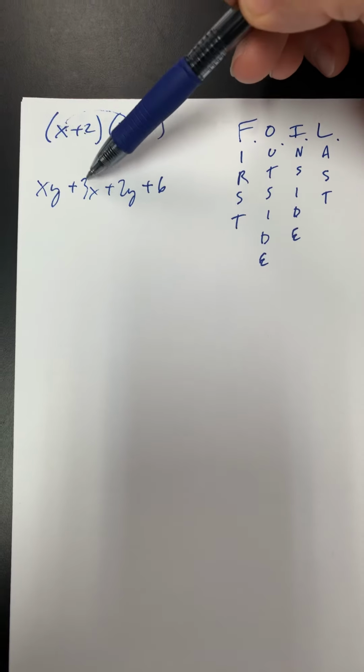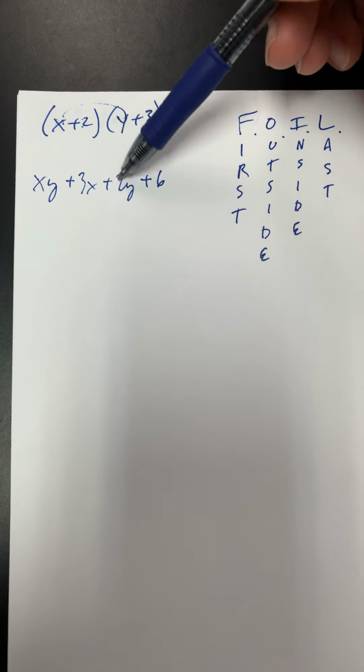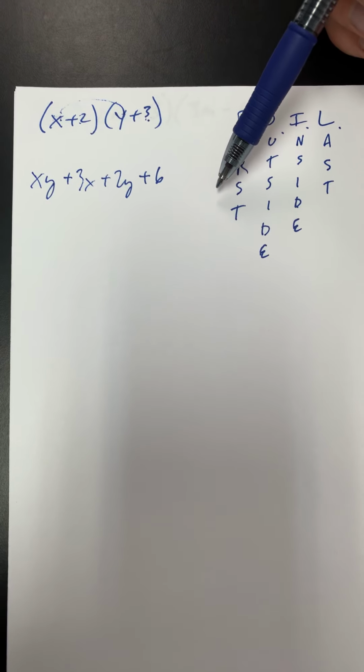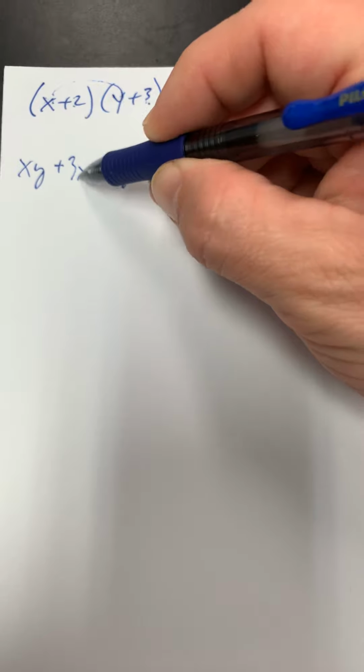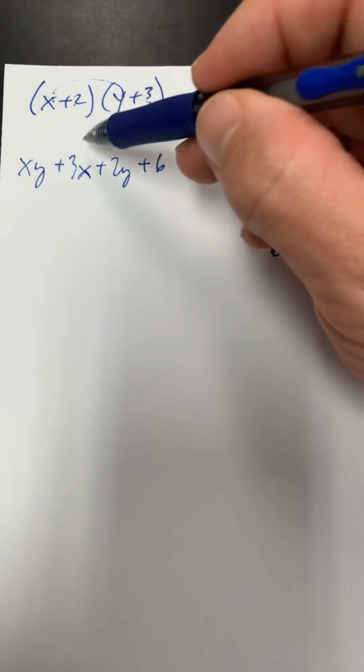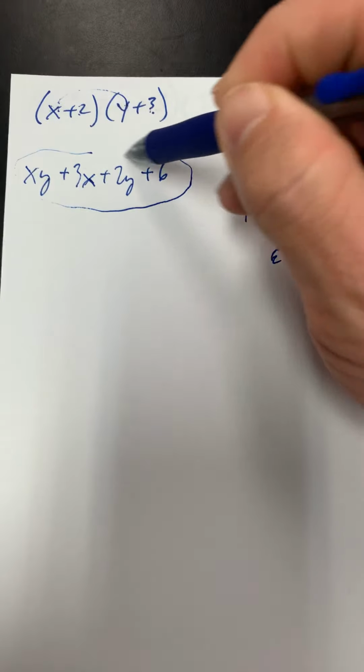X times 3, 3x. 2 times y, 2y, and then 2 times 3, 6. Now we would combine like terms if there are any that can be combined, but there are not here. It's x right there, by the way. So this one's already simplified.